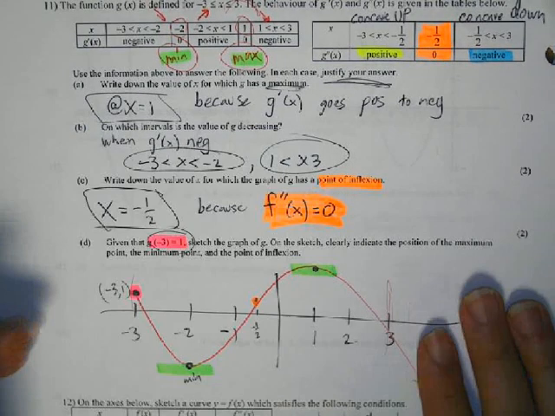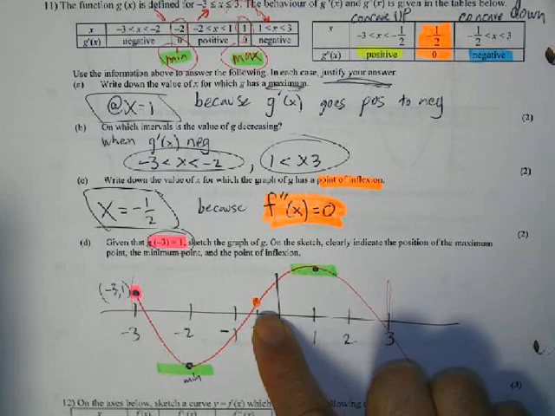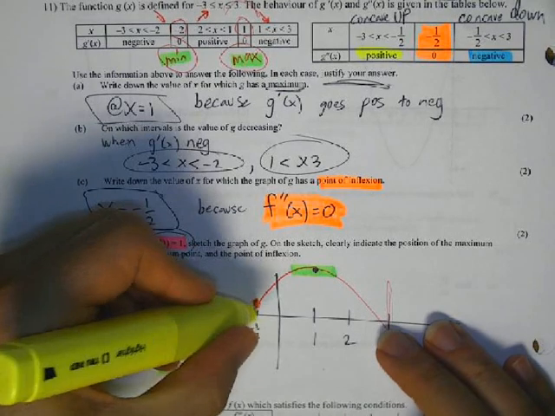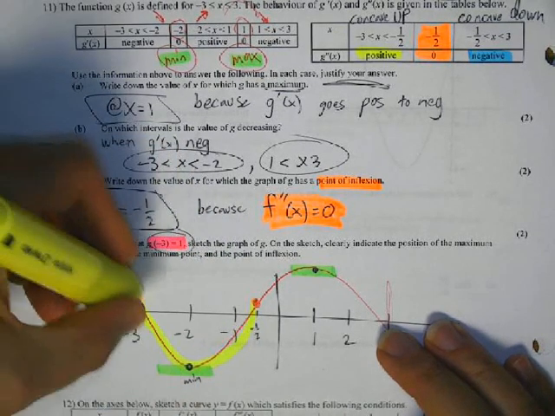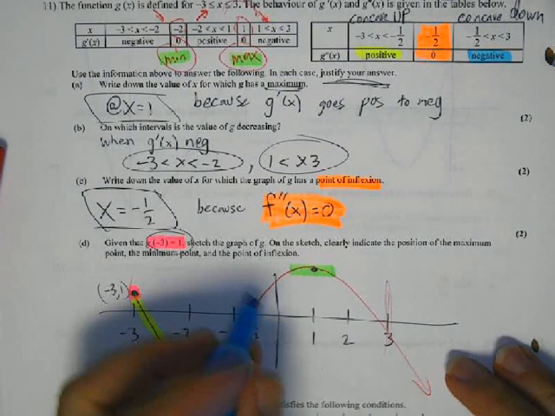So at our inflection point, it's concave up from here to here. And then from here to here, greater than 1/2, it's concave down.